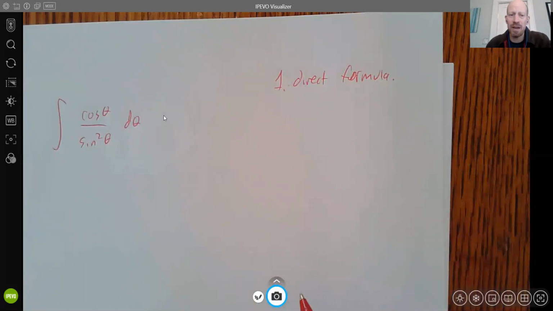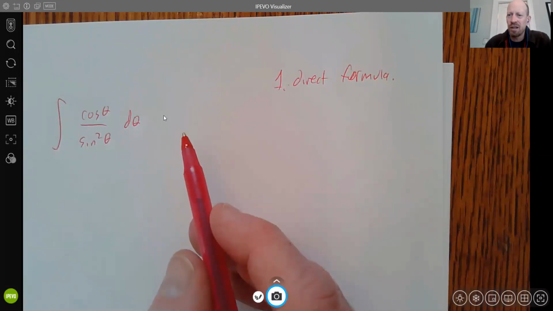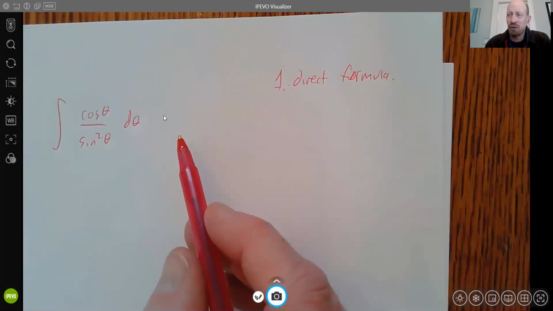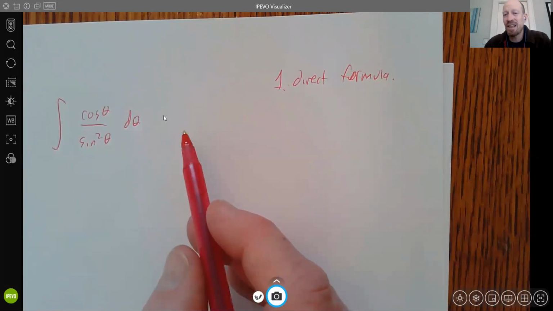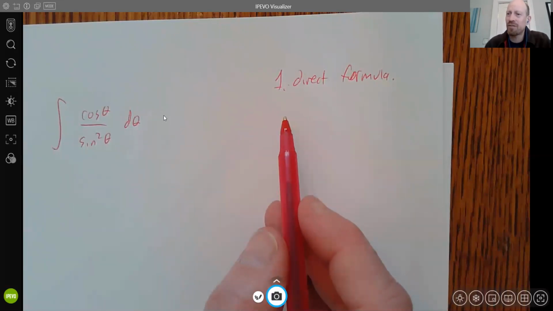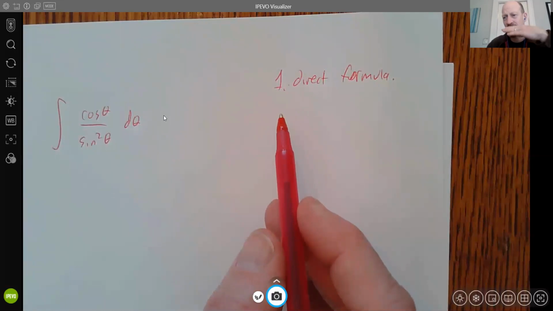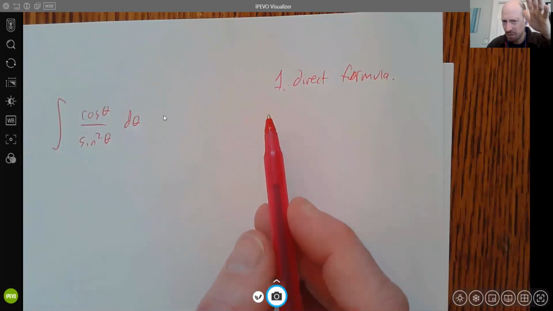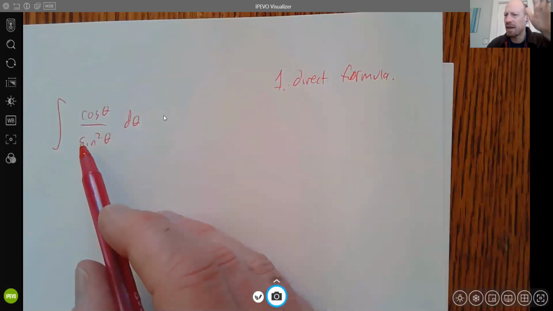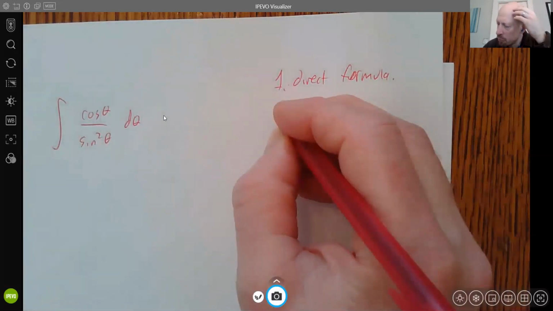So we always want to look for that. Sometimes things don't look immediately like they might be one, but if we think for a second, we might find that. So a good first step is to ask whether any derivative looks exactly like that. If not, then I move on.